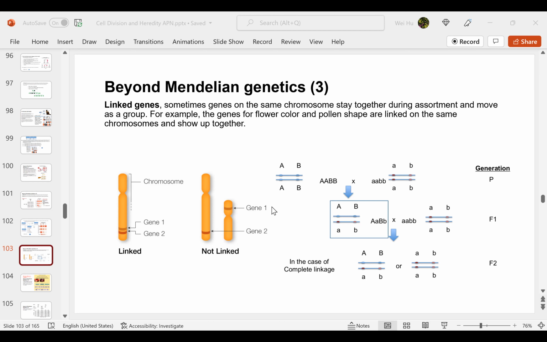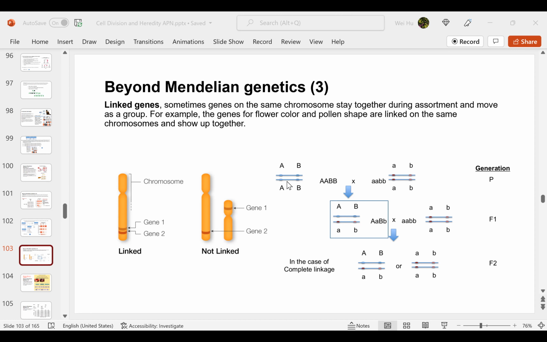Remember, any genes on the same chromosome are linked genes. This is a copy from the textbook, which sometimes confuses students. You only need to remember that if at that moment those two genes are on the same chromosome, they are called linked genes, okay?